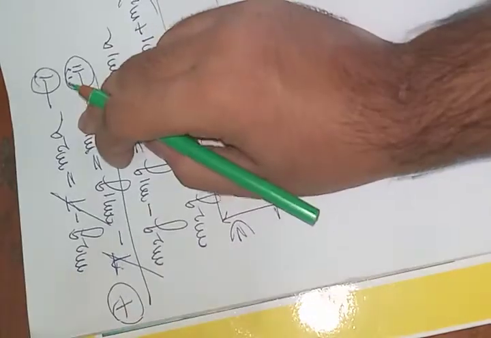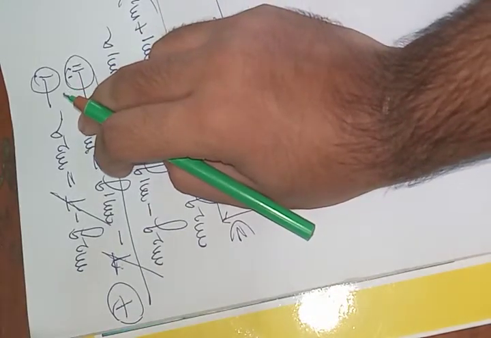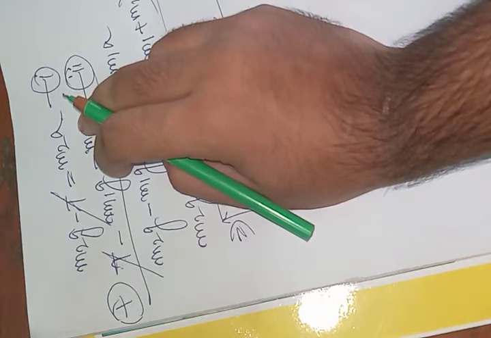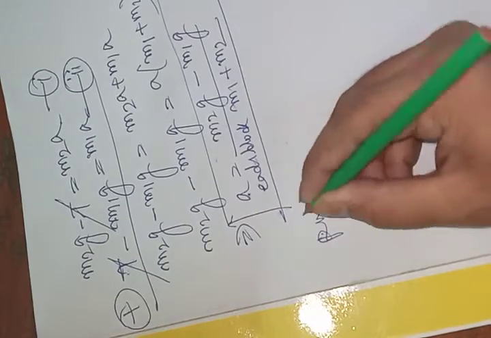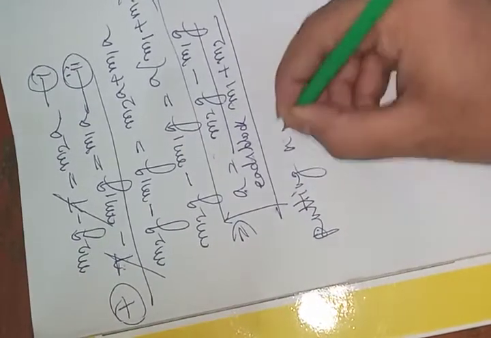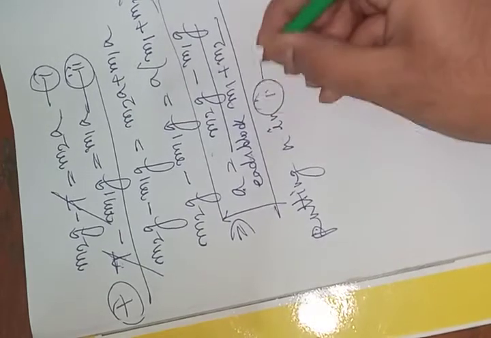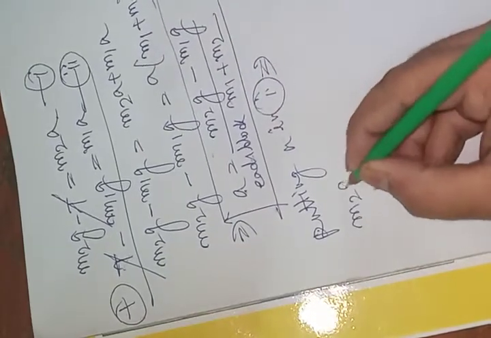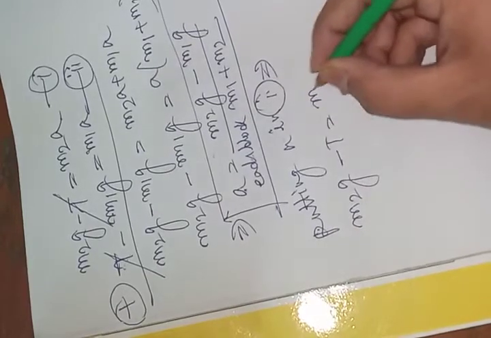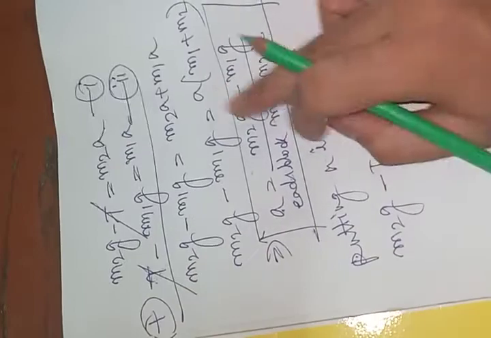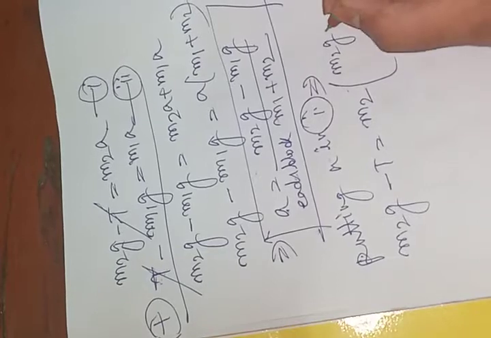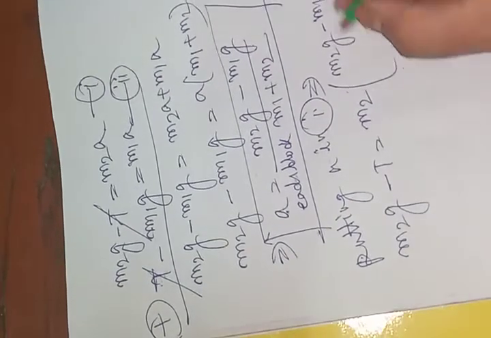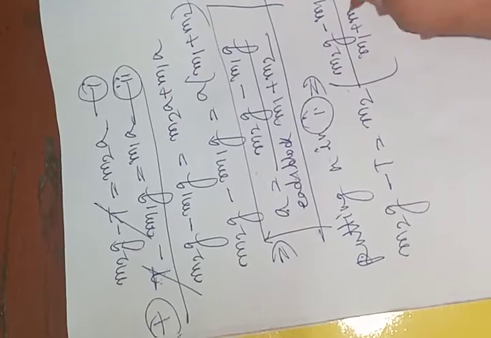So putting a in equation 1, you will get m2g minus T equals m2 into a. Now what is a? This is a, right? So m2 into (m2g minus m1g) divided by (m1 plus m2).